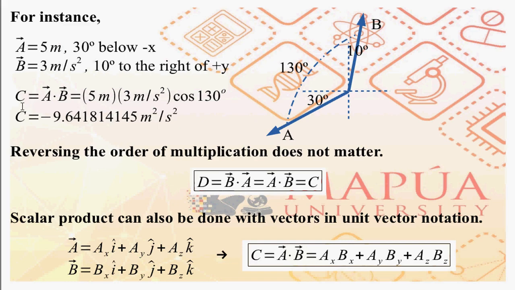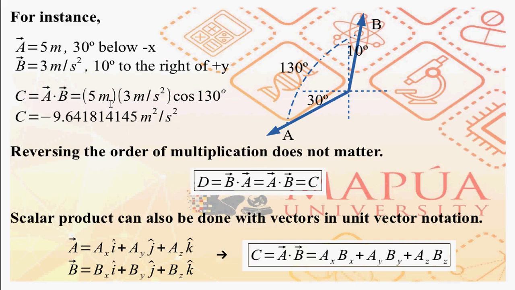The scalar product between A and B, C is equal to A dotted with B, is just equal to magnitude of A, 5 meters, times magnitude of B, 3 meters per second squared, times cosine of the angle between A and B, 130 degrees, and that will give you C is equal to negative 9.641814145 meter squared per second squared.